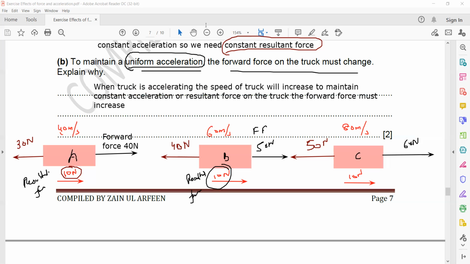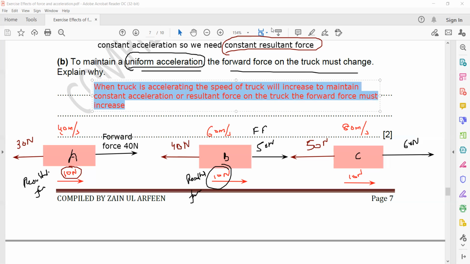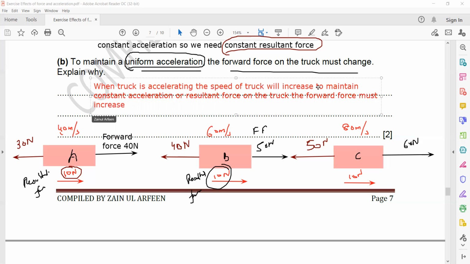What must be done to the forward force to maintain a constant acceleration? It's 2 marks. 1 mark is for: the truck is accelerating, so the speed of the truck is increasing. Then, as the speed of the truck is increasing, air resistance will also increase.